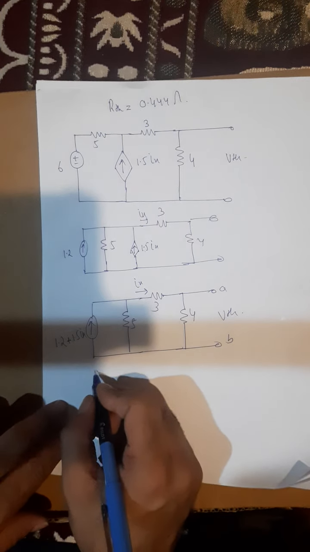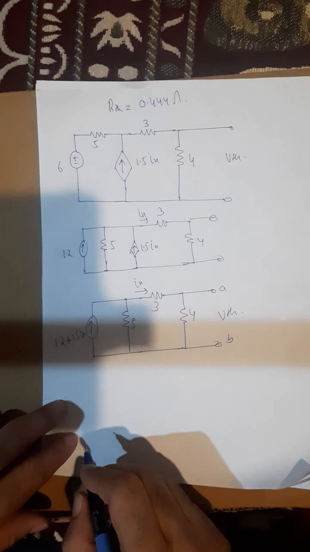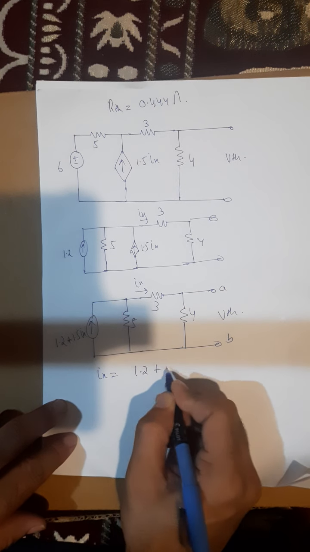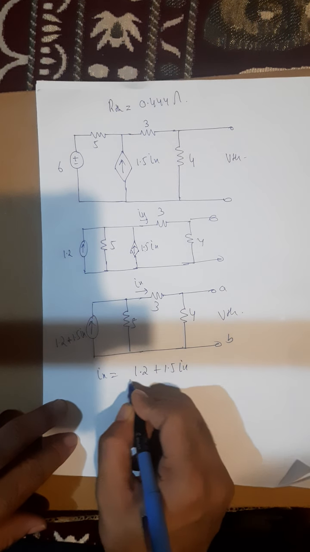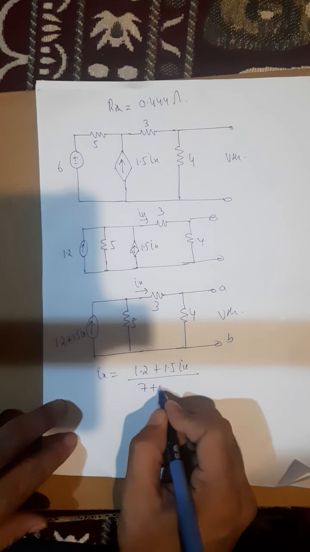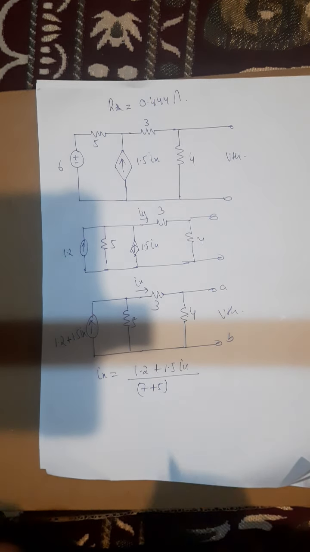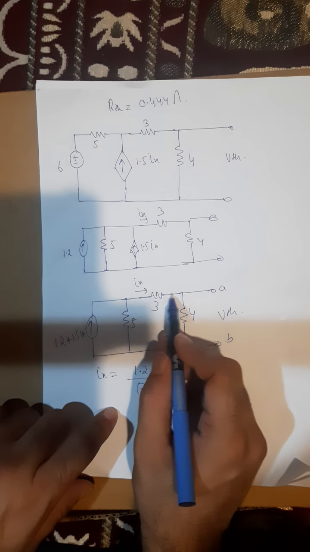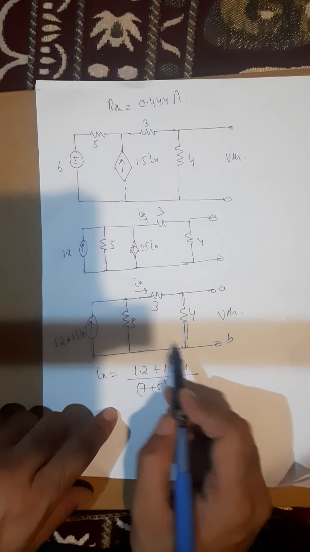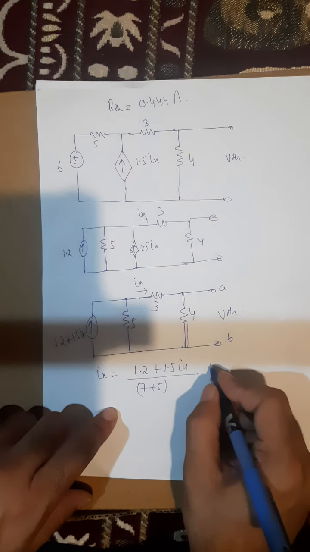I know Ix. If I apply the current division, Ix will be equal to the total current 1.2 plus 1.5 Ix divided by the sum of the resistances. This is 4 plus 3, 7, 7 plus 5, 12, multiplied by the opposite resistance. Ix is the current that is flowing here. So what is the resistor that is opposite to this branch? It is 5, multiplied by 5.